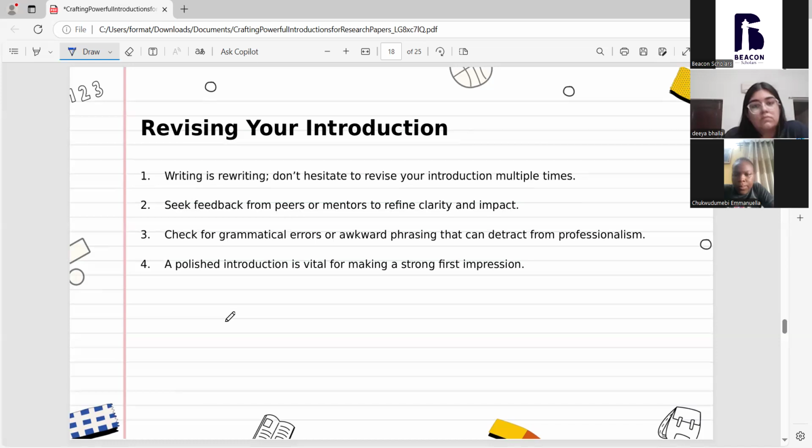Revising your introduction. Writing is rewriting. What does it mean? Don't hesitate to revise your introduction multiple times. With yourself, firstly, after finishing your introduction, read it aloud and think that you are now a person who didn't know anything about this topic and you found this research paper with this introduction.